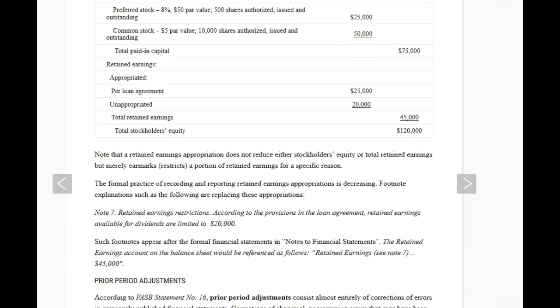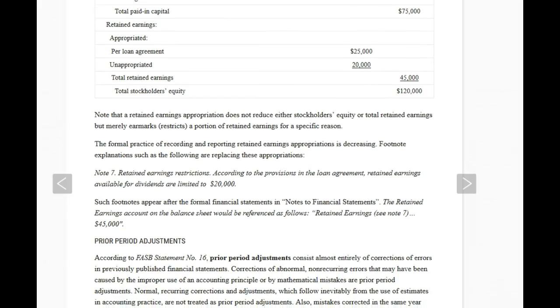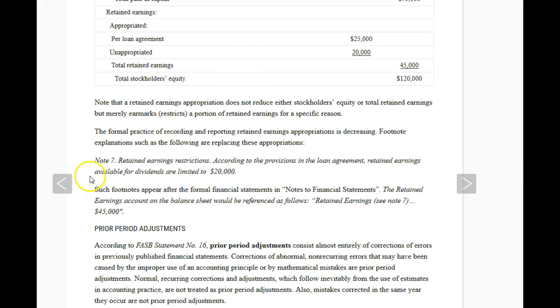Another way of doing that, rather than put it on the equity side, is just to make a note in the disclosure notes that retained earnings are restricted by this amount of money. And it's under notes to the financial statements. So those are two ways of presenting and telling your investors what is going on with your retained earnings.